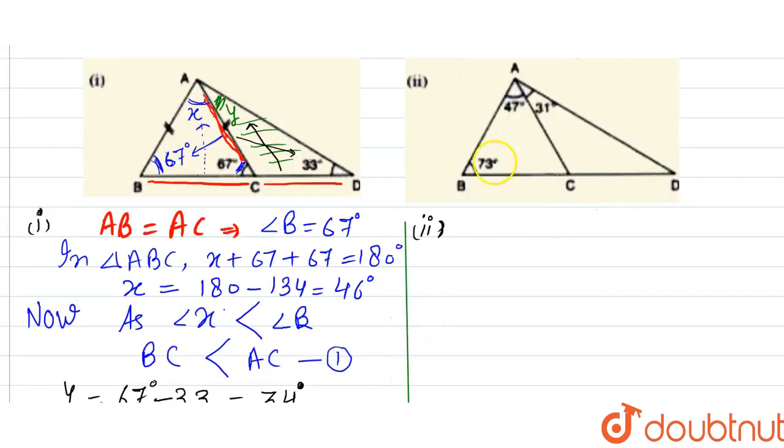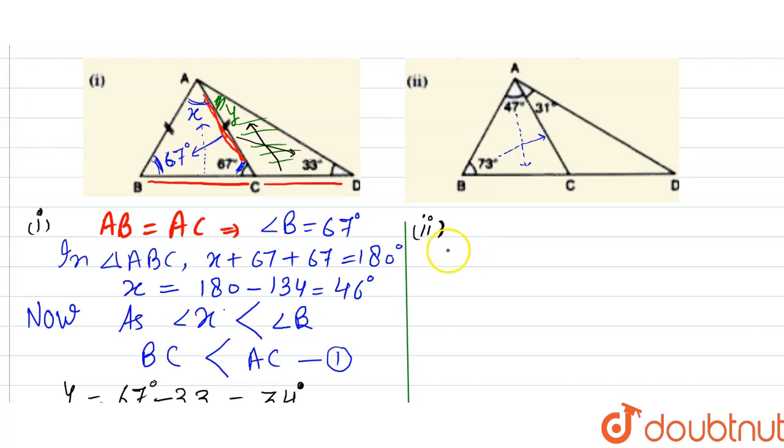Now similarly in the second part, the logic is clear. Angle 73 is larger than 47. So the side opposite to 73 will be longer and the side opposite to 47 will be shorter.